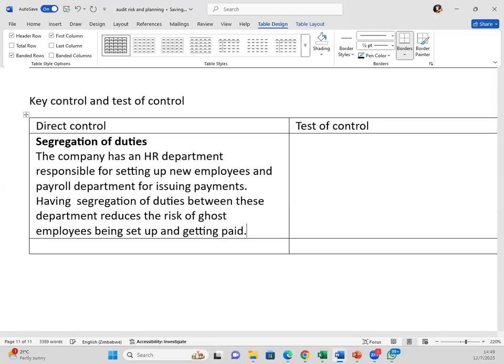Ghost employees are people that do not exist within the business, but they are being paid. So segregation of duties reduces the risk of ghost employees existing and getting paid.